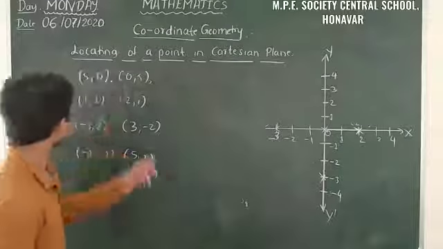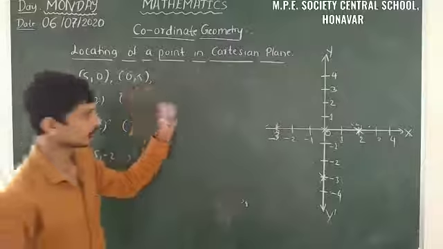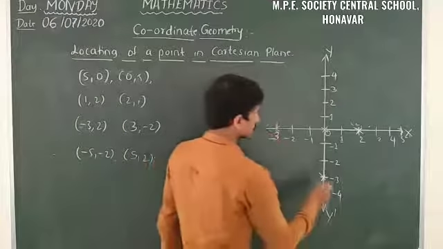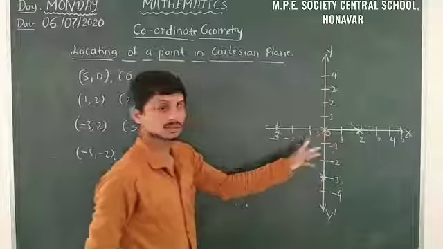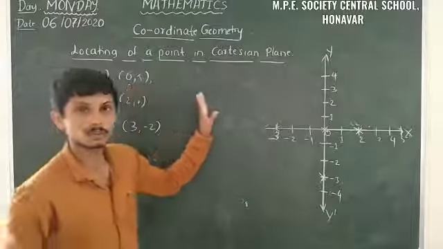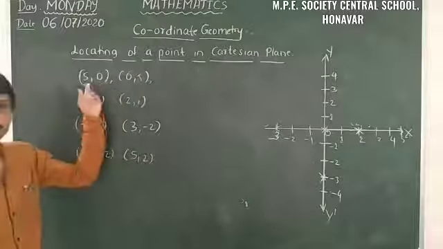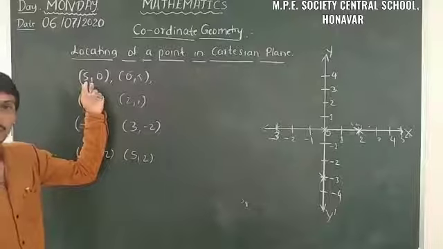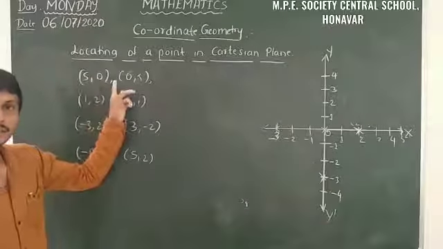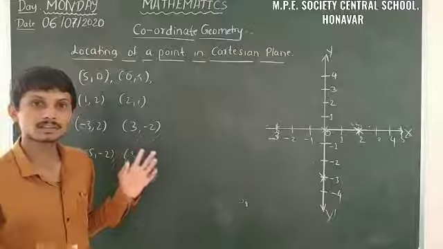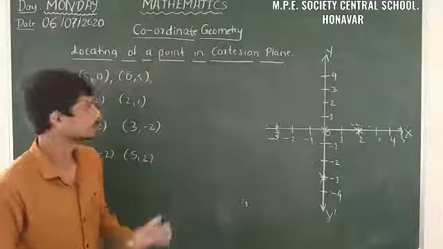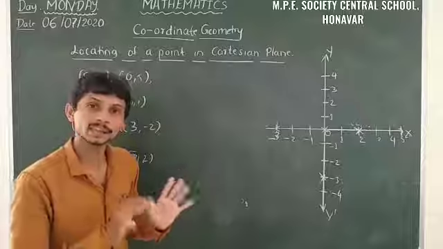Firstly I will take (5, 0) and (0, 5). We have to take the perpendicular distance from the y-axis first. For (5, 0), the y-coordinate is 0, so the point is on the x-axis only.